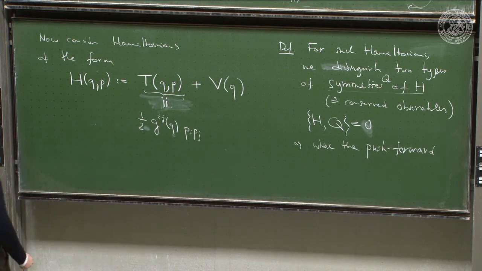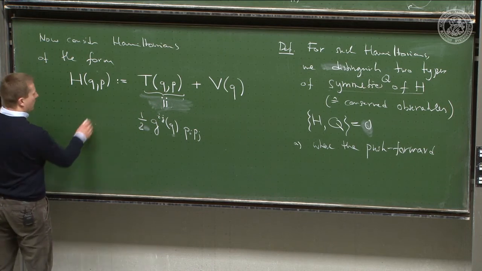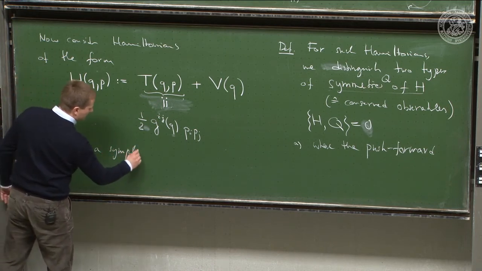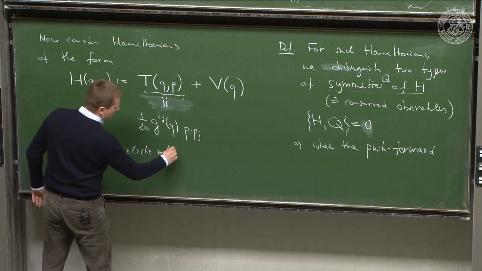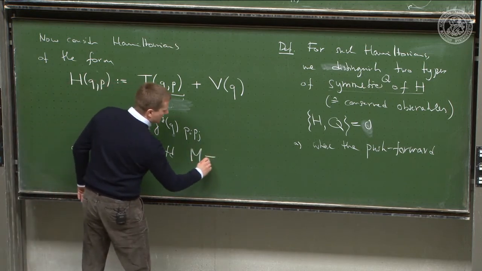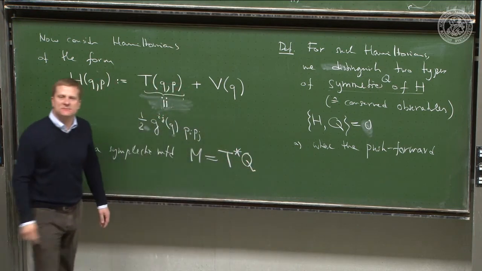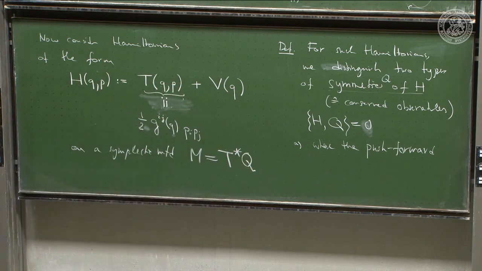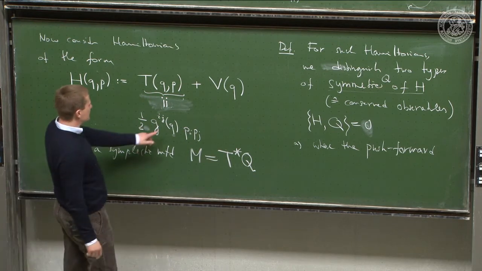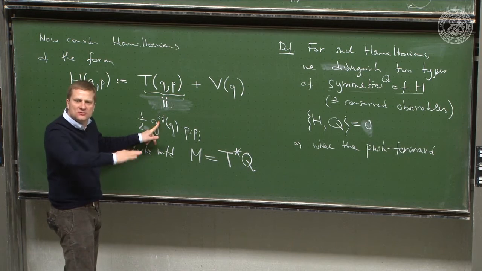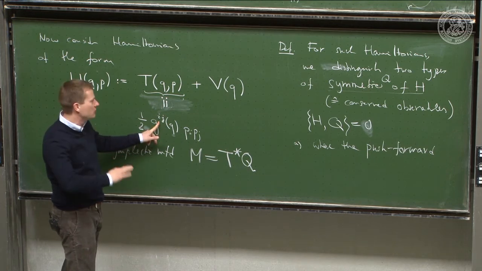We consider a symplectic manifold which arises as the cotangent bundle of a base space. I was talking about this because I said here the G is a metric on the Q space, right? On a space of qs.